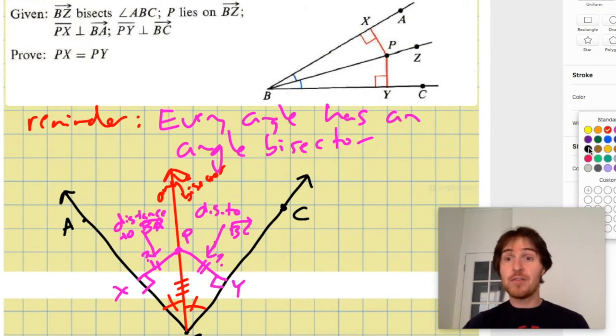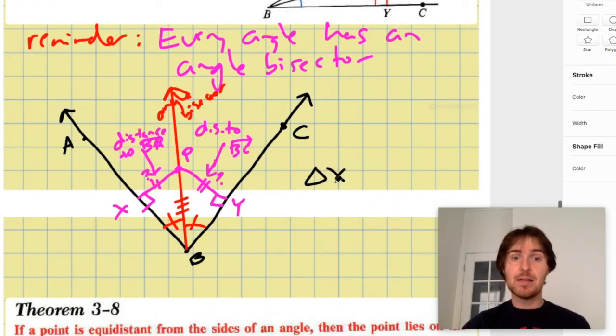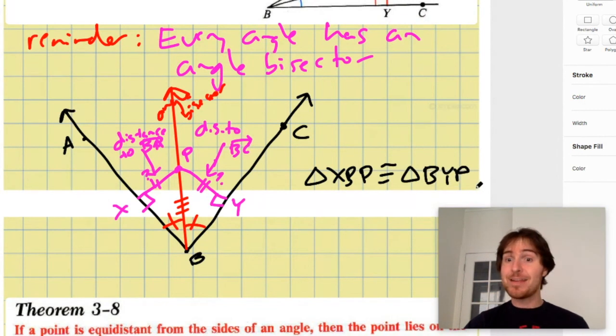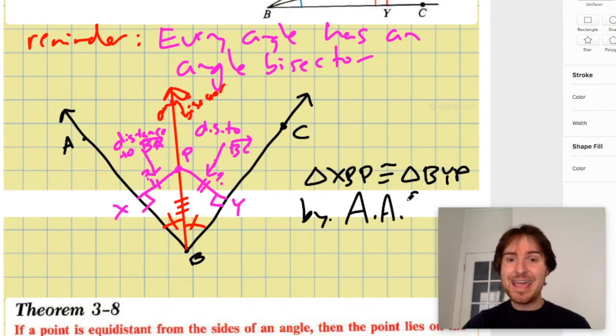So here, if you were to prove this one out, the way you can do this is that triangle XBP is congruent to triangle YBP by what reason? By HL, we have the hypotenuse congruent. Do we have a leg congruent? No, we're trying to prove that leg's congruent, so we don't know that here. It's not HL, it's AAS, by AAS, okay?